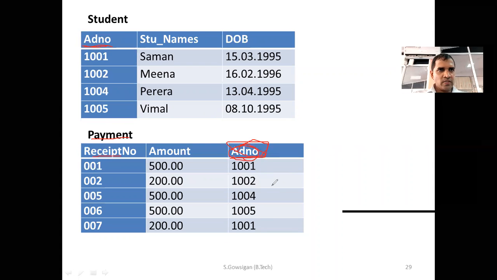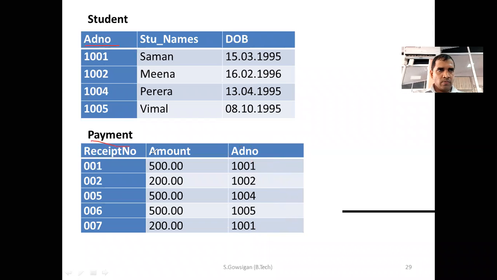Can we select this admission number as primary key? No. Why? What's the reason? Because primary key has unique character. So it doesn't have unique data, right? Yes. Okay. Look here. Listen to me. Let me explain. In the first table, yes, admission number is a primary key.